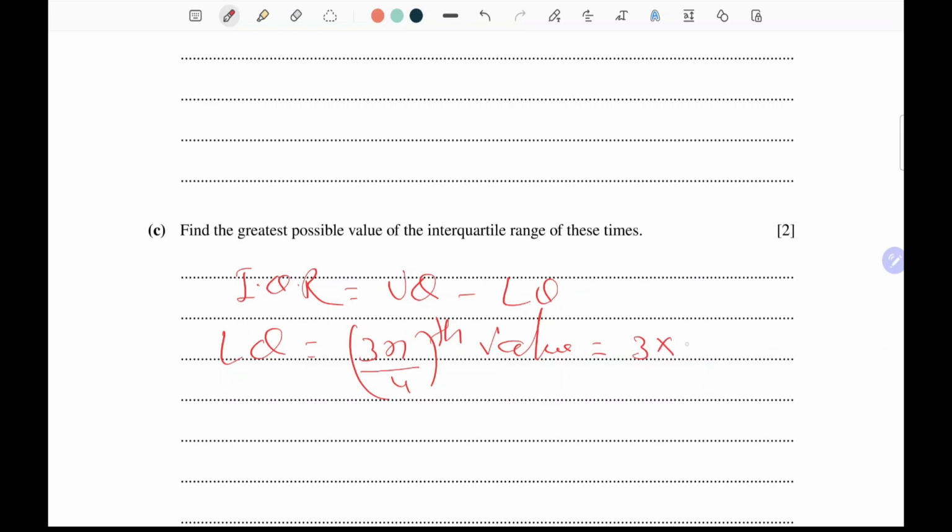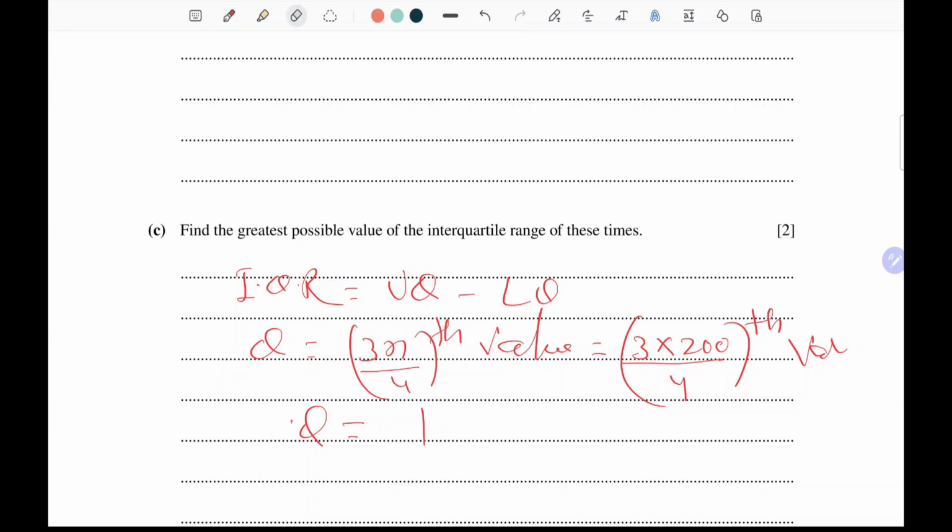So 3 times n, n is 200, over 4. That is 150.